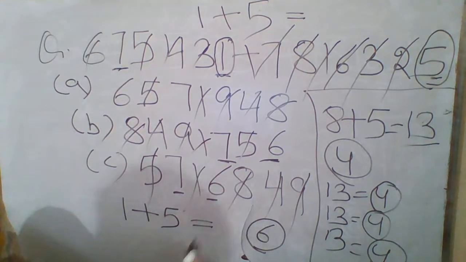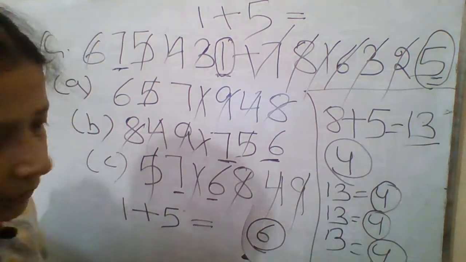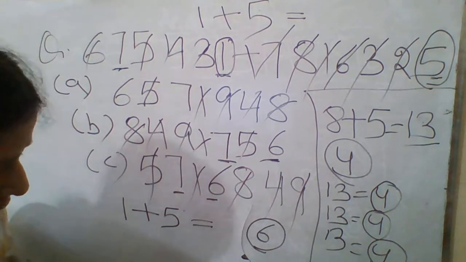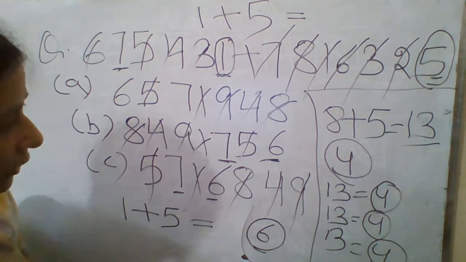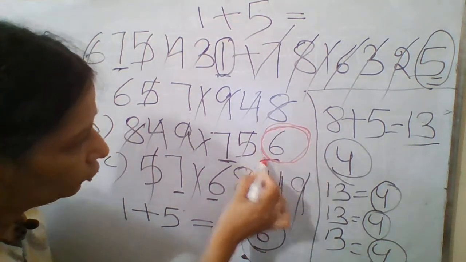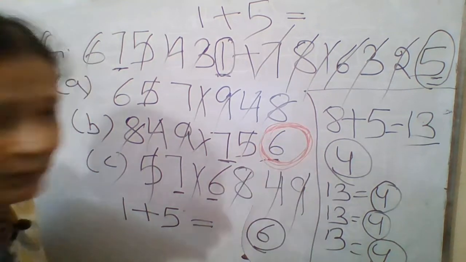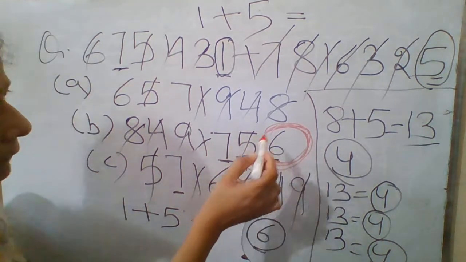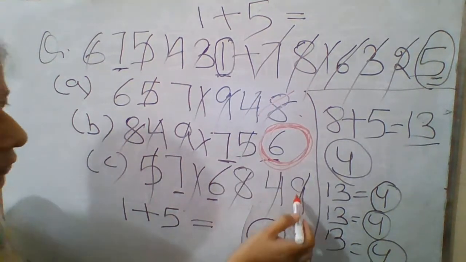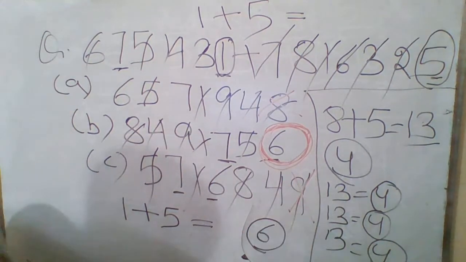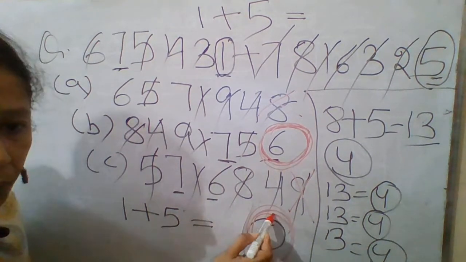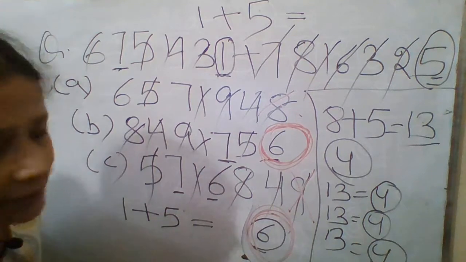So see, you got 6 as the unit digit. In B option only you can find the unit digit 6. See, in this question you are getting unit digit 6. Here you are not getting unit digit 6, and here also you are not getting unit digit 6. You have to search for unit digit 6 now. Why are you searching for unit digit 6?